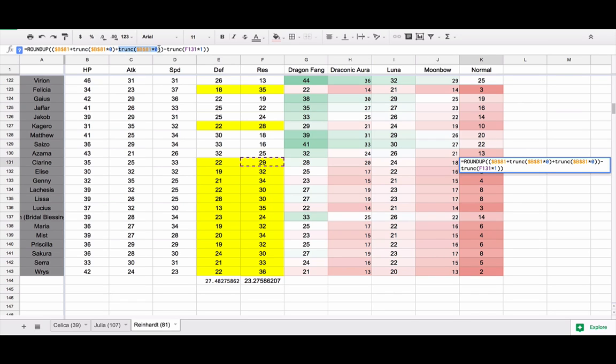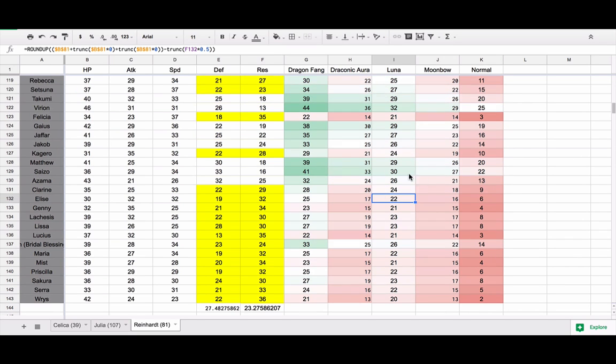This is special, so it's 0 because I'm looking at normal. There's no weapon advantage because it's gray, and no special because I'm calculating it for normal. And then the defense modifier is 1 because there is no defense modifier. So if I look at Moonbow, it's 0.7, and here it's 0.5.